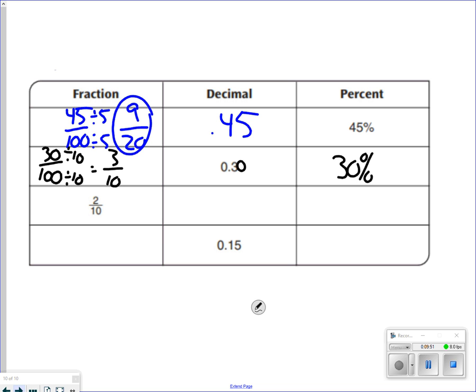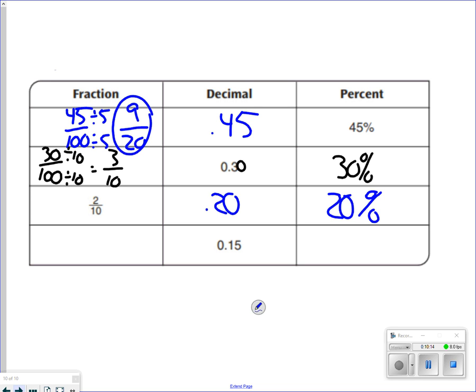Now I'm looking at fraction, decimals, and percents, and they give me 2/10 as my fraction. For a decimal, that's 0.2. And as a percent, what I'm going to see a lot of you kids do is give me 2%. That isn't right. Remember, you have to have two numbers after the decimal, so your answer is 20%.